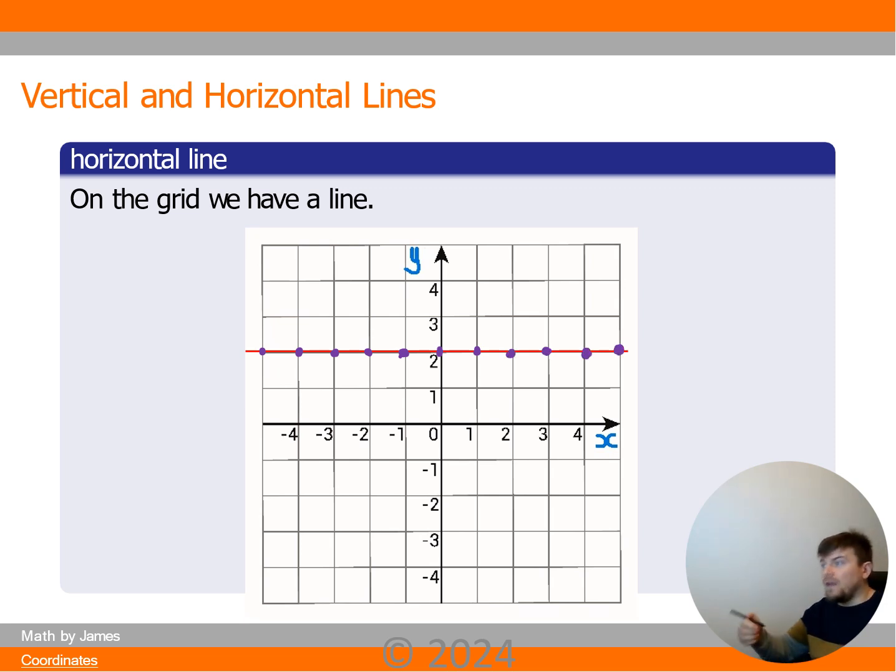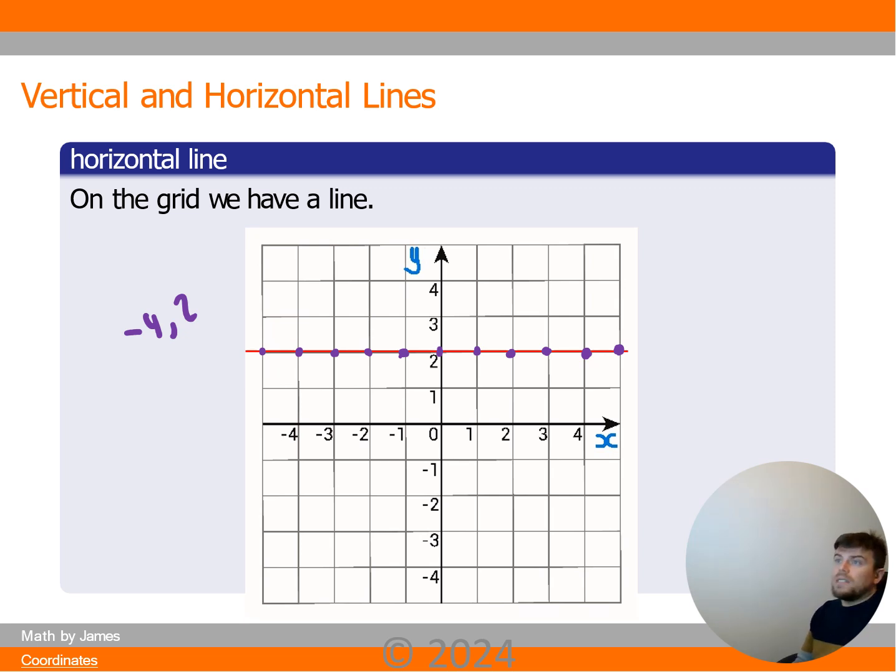Do stop and have a think for a minute. What's common to each of these points? So, if you didn't notice, that's okay. Y is always 2. So here we take -4, 2, -3, 2, -1, 2, 0, 2.